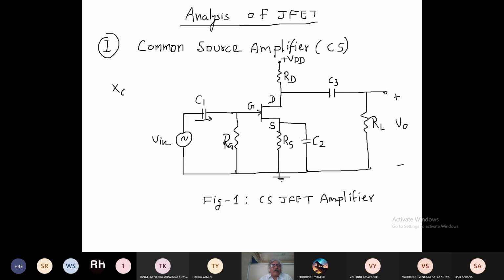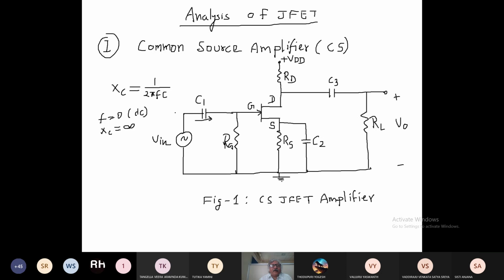XC. What is the formula of XC? Capacitive reactance, 1 by 2 pi FC. For F equal to 0, which means DC, XC will be infinite, right?